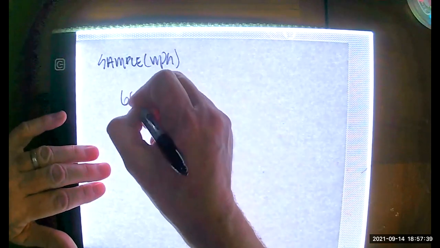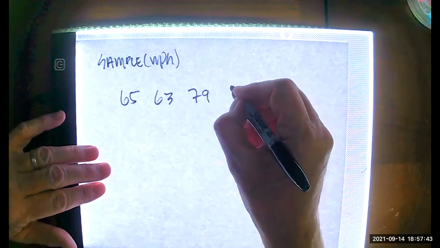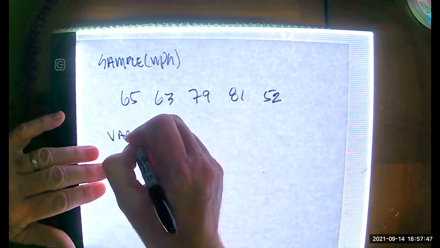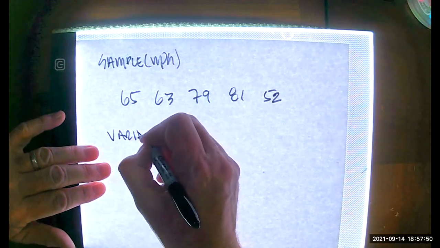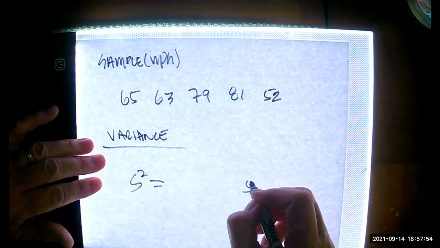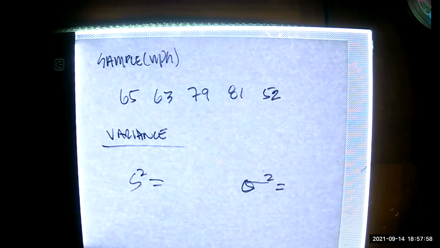It's already in our calculators. 65, 63, 79, 81, and 52. So I've got my variance, S squared equals, and sigma squared equals.